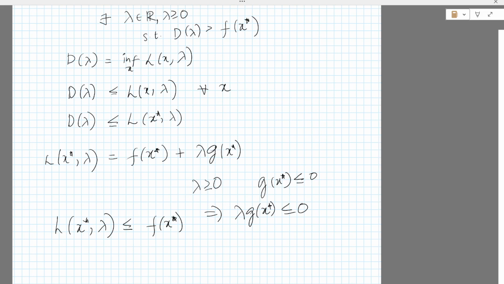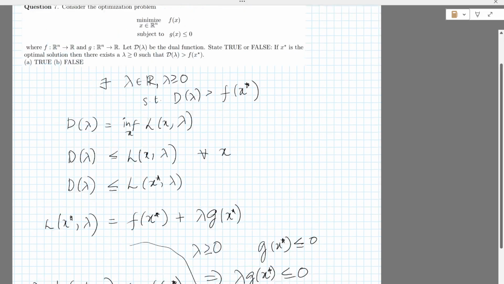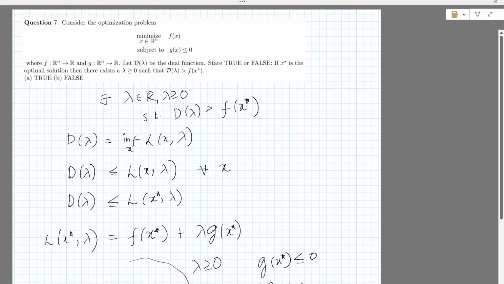Okay, and if we know this d lambda is less than or equal to this, that means d lambda is less than or equal to f of x star. Okay, so that means this statement is false.